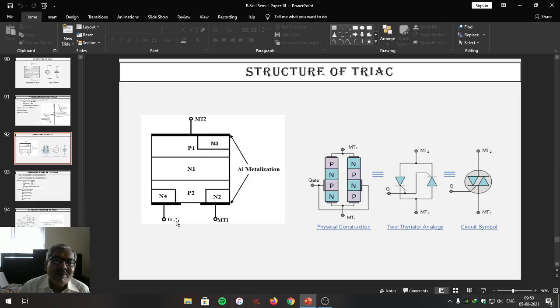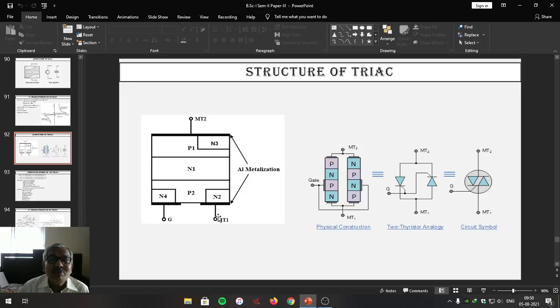TRIAC is the same as that of DIAC, except that it has a third terminal, a controlling terminal, known as a gate. Such a semiconducting device, we can call it the TRIAC.